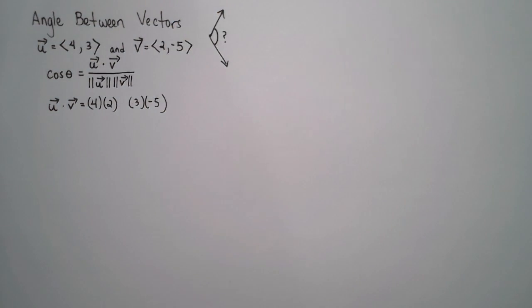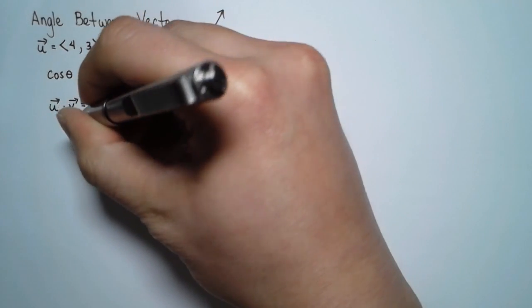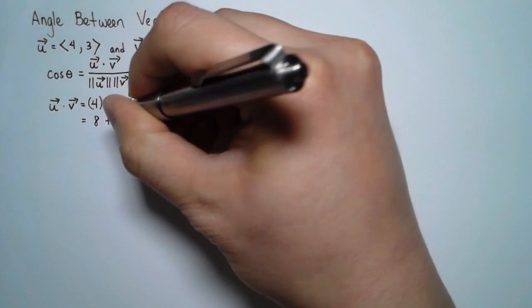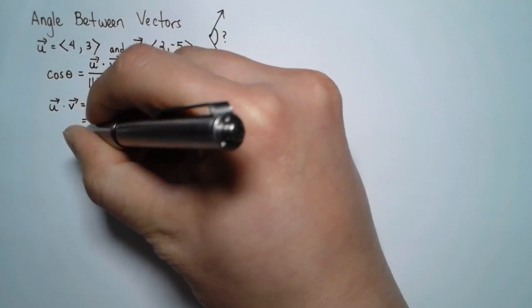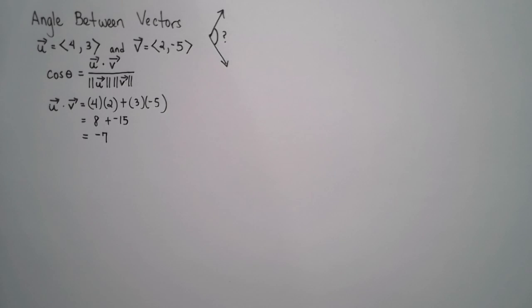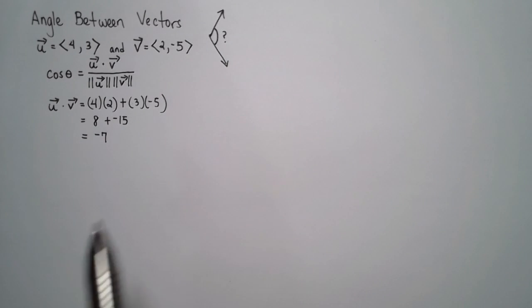After you multiply those two things, you're going to add them, and therefore we have 8 plus a -15, which simplifies to -7.